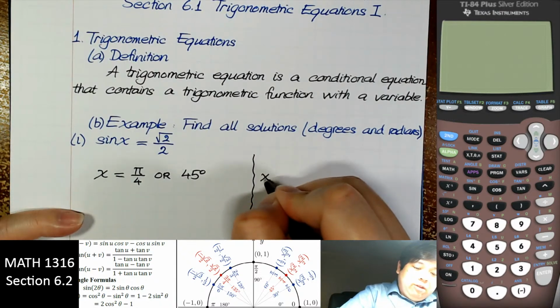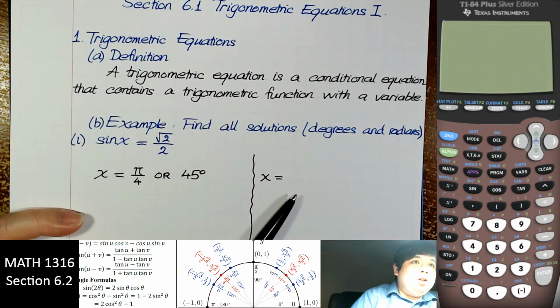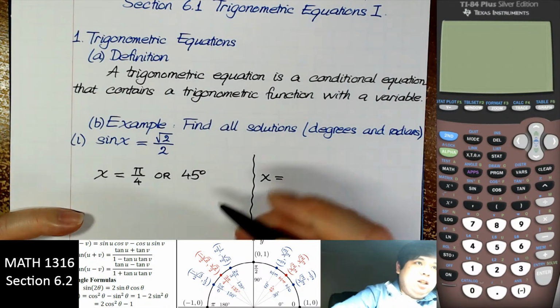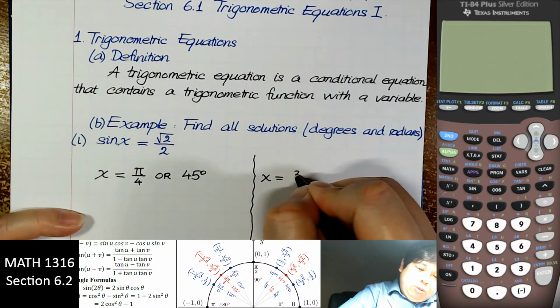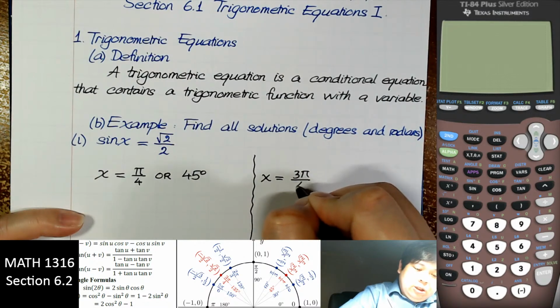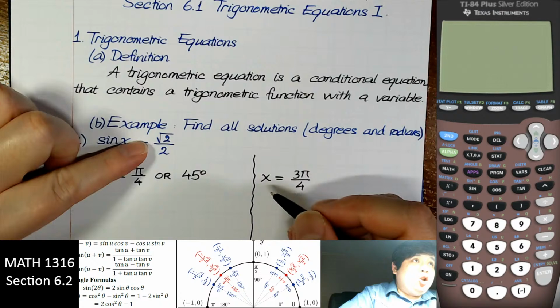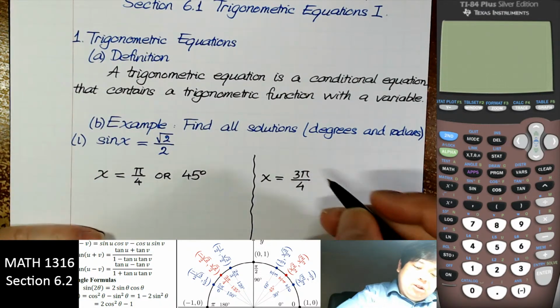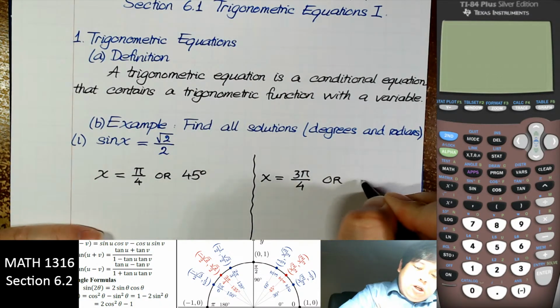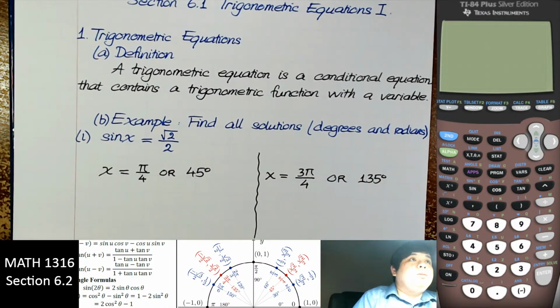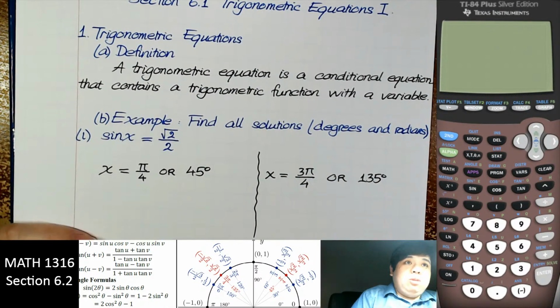Or we can also have x equal to, so either this point here or this point here, x equal to 3 pi over 4, because those 2 points have the same y values of square root of 2 over 2 and sine is the y values. So either that or 135 degrees. Right. So that's easy, right?